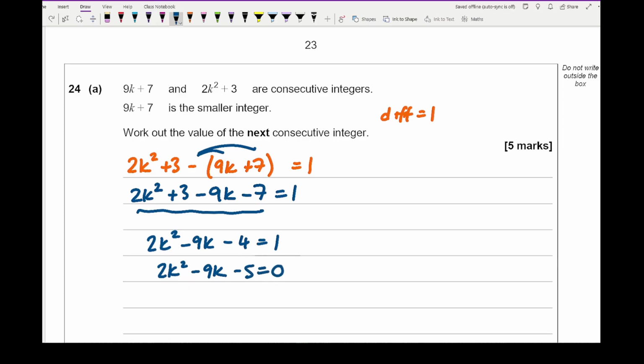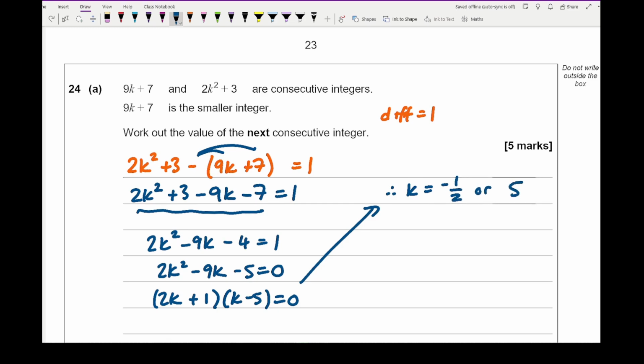Now we need to solve this, which you can do by factorising, and it does factorise to become (2k plus 1)(k minus 5) equals 0. Now from this we end up with k values of minus a half or positive 5. Now, if I substitute k equals minus a half into, let's say, 9k plus 7, that's going to give me a decimal number, because 9 times a half is 4.5.